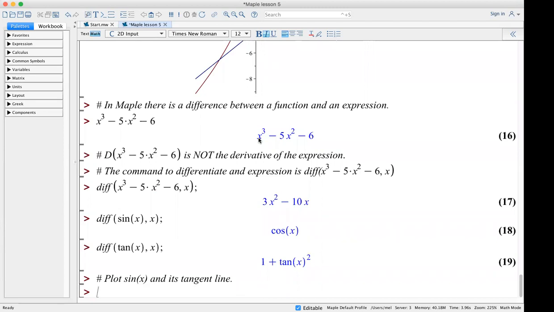So let me just write TL for tangent line. If I'm working with the sine, let's say I'm going to choose the point pi over 2. Now, actually, no, for this I really should be using functions. So I'll do it with the function sine of x.